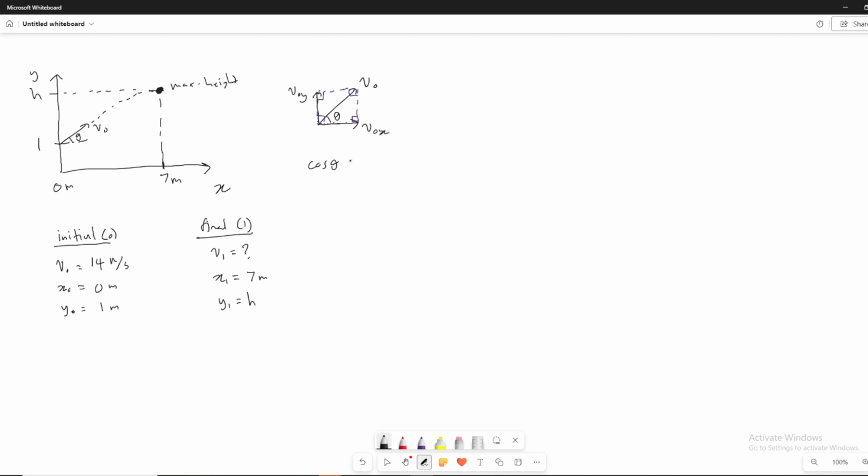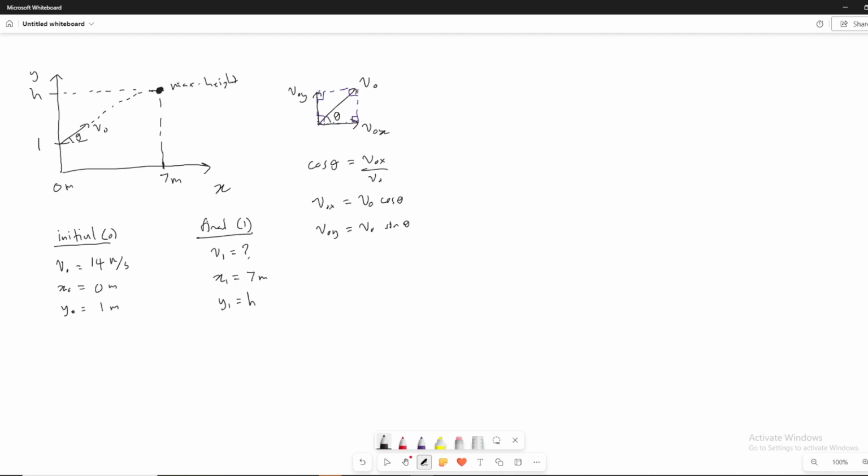From cos theta equals V naught x over V naught, V naught x is V naught cos theta. Consequently, V naught y is V naught sin theta. So we have these two.